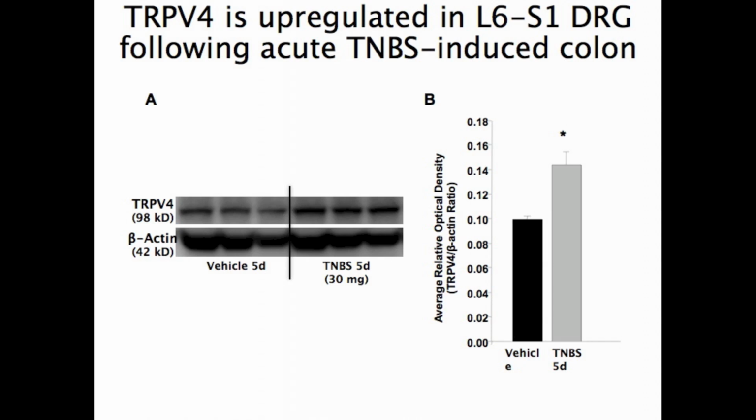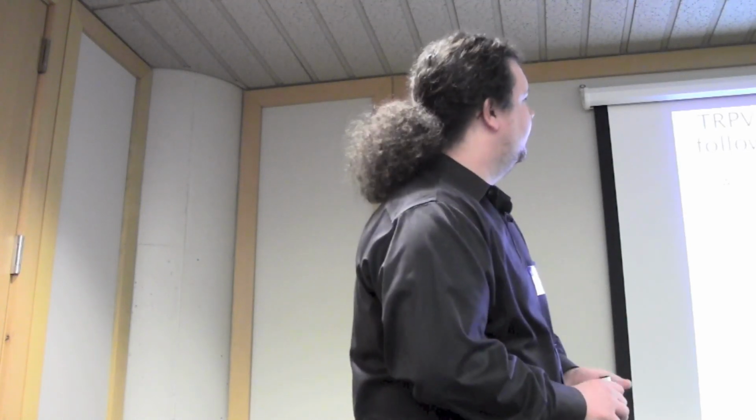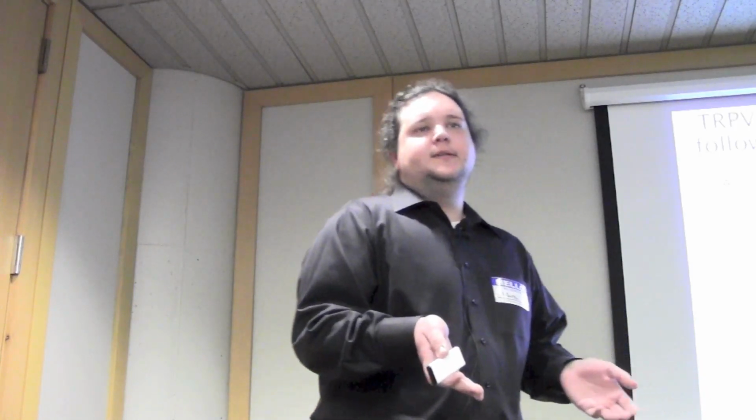So we decided, considering all of this background on this molecule, TRPV4, that it would be a good one to look at as a mechanism in our model of inflammatory bowel disease. So the first thing we wanted to do is just look and see, is there any change in the amount of it in these neurons when we induce inflammation?